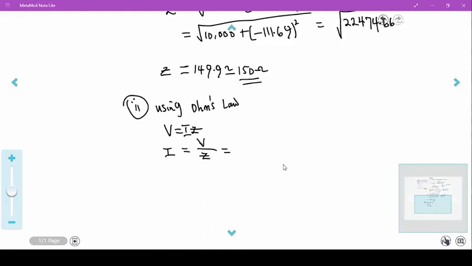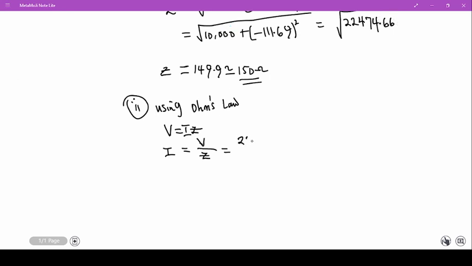Current is always meant to be small. So we have 220 divided by 150. That gives me just about 1.47 amps.